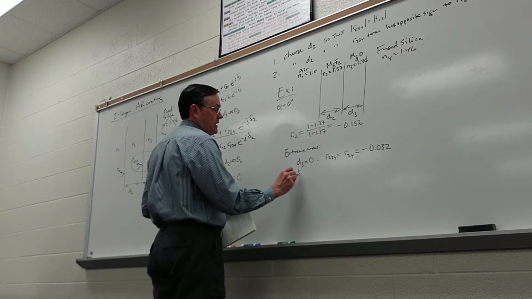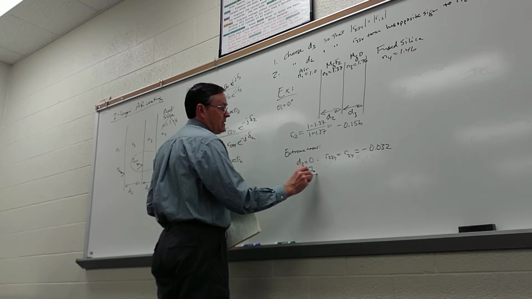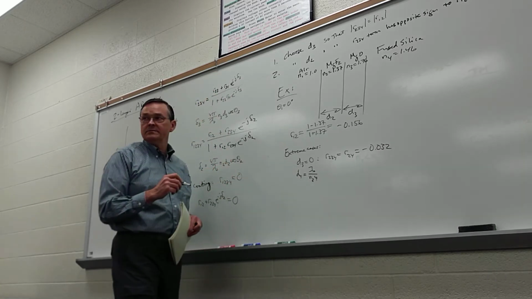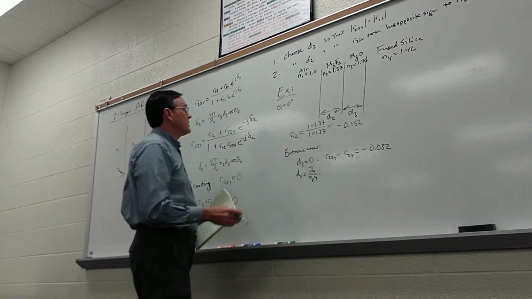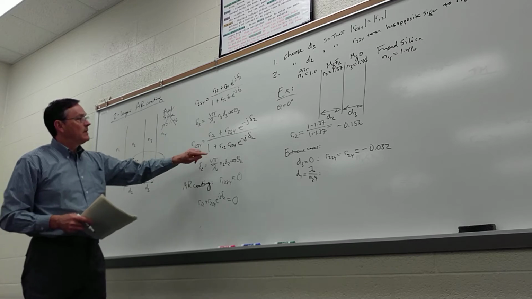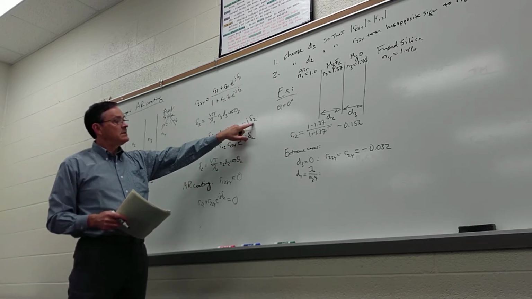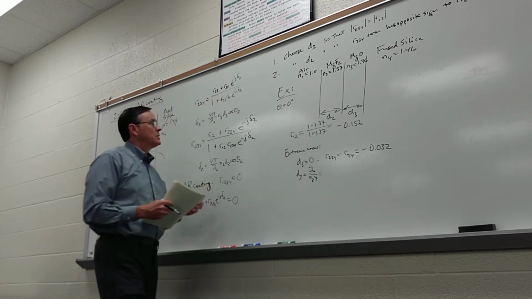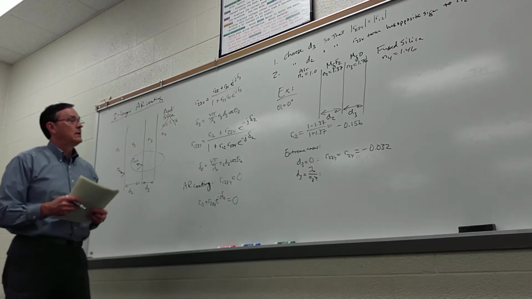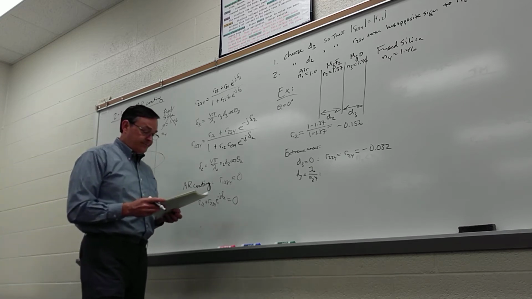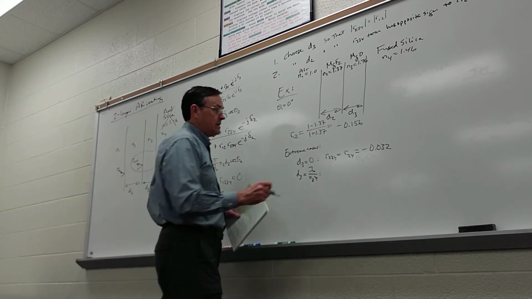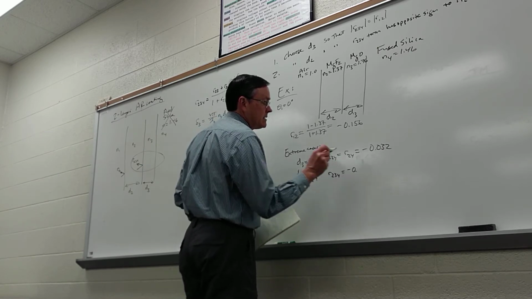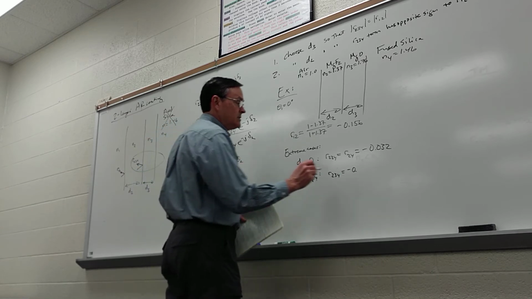The other extreme case is when this is a quarter wave thick. If we go back to R234, put in D3 of a quarter wave and work that out, what we find is that R234 is equal to minus 0.215.